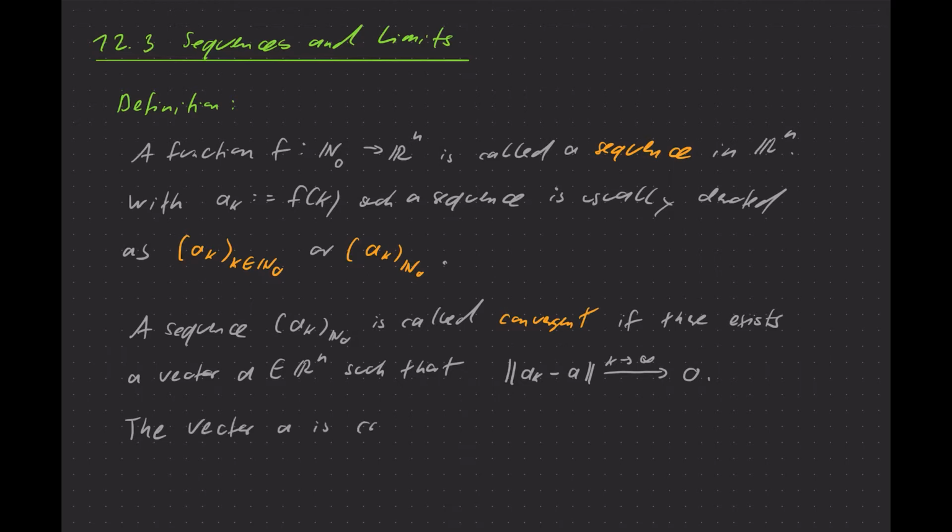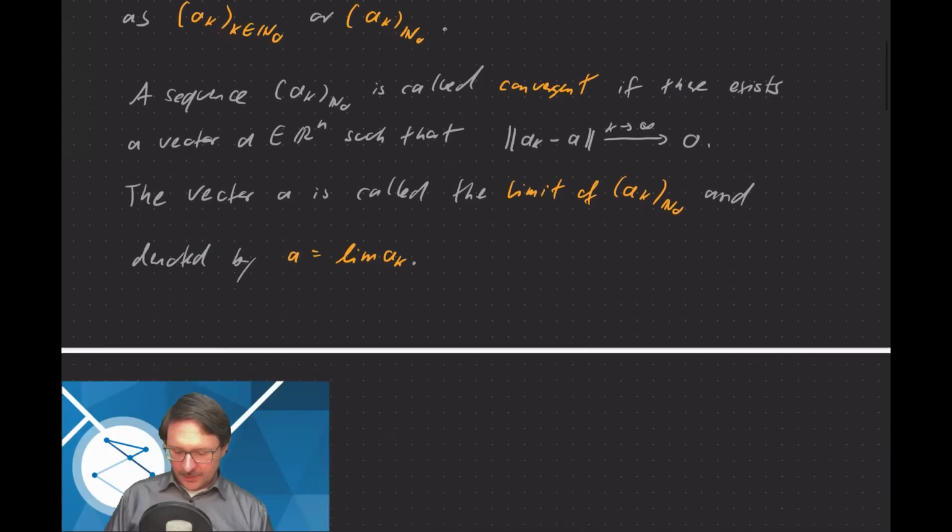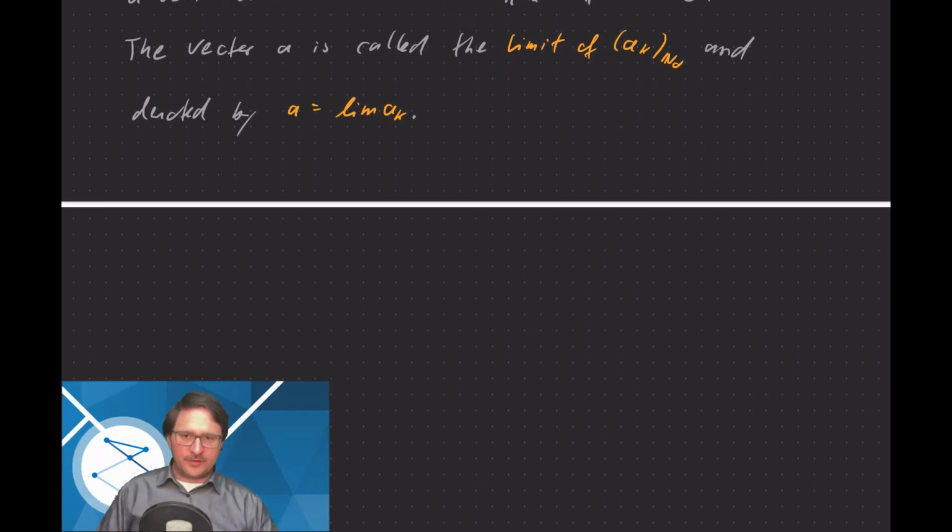Vector a is called the limit of the sequence a_k and denoted by a equals lim a_k. Okay, you know all that notation from one dimension already.